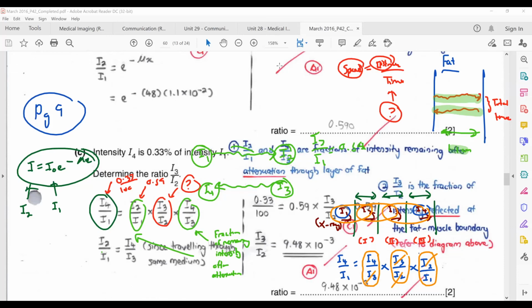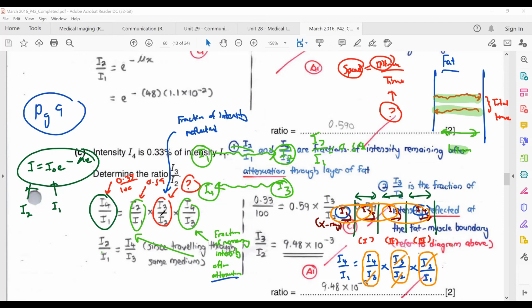So this little part here, the I3 over I2 that they're asking you to find is actually the fraction of intensity reflected. So the first and third are the fraction of intensity remaining after attenuation.